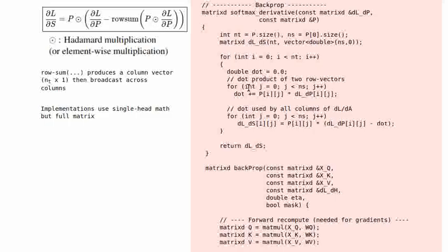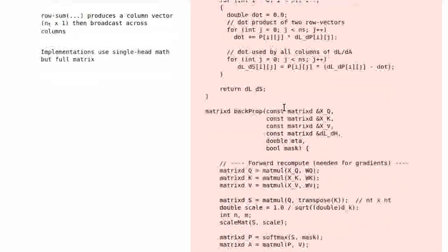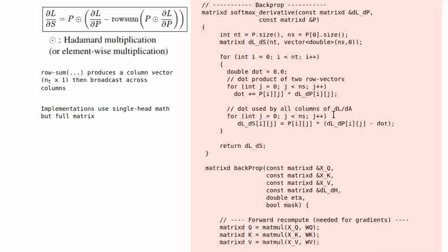So that's what this means. And this dot will be used by all columns. Actually, I mean the dl/ds. This is a typo error, not da.